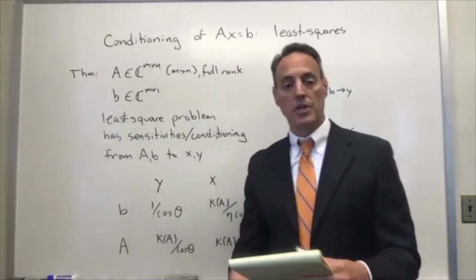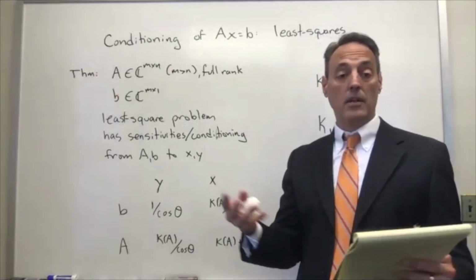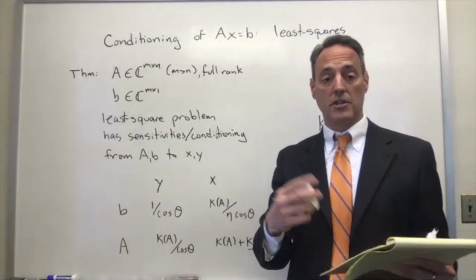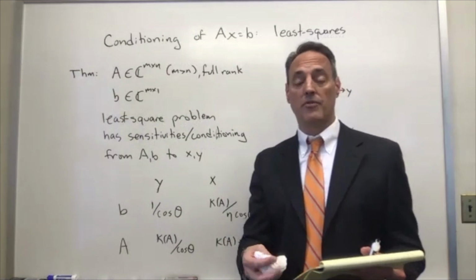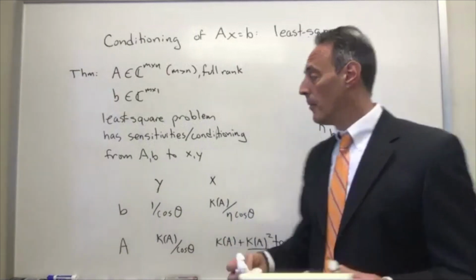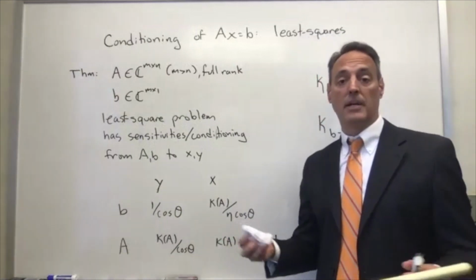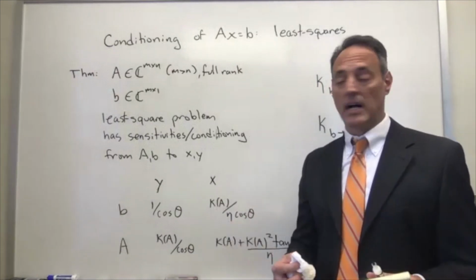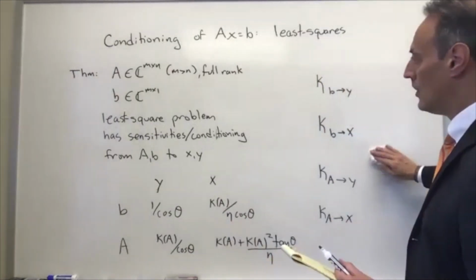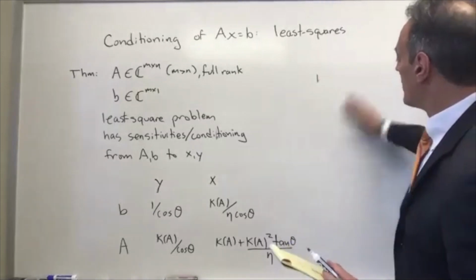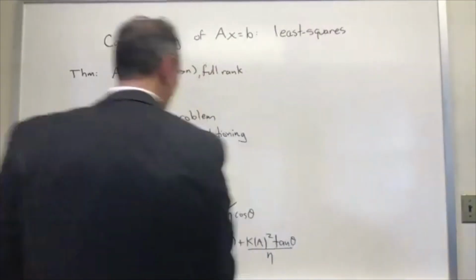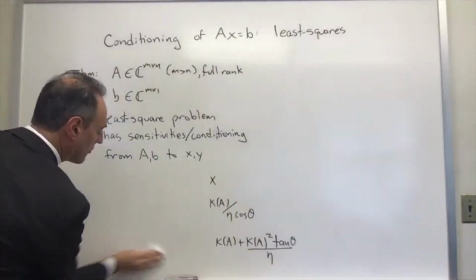And that's what we're going to do here. If you want to read more about conditioning and stability, there's quite a bit more in Trefethen that you can follow up on, but we're going to move on to other topics as we move forward in the class. Okay, so let me erase this theorem and let's start talking about how I would produce some of these results.